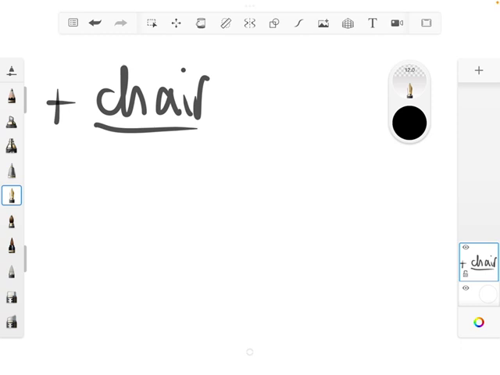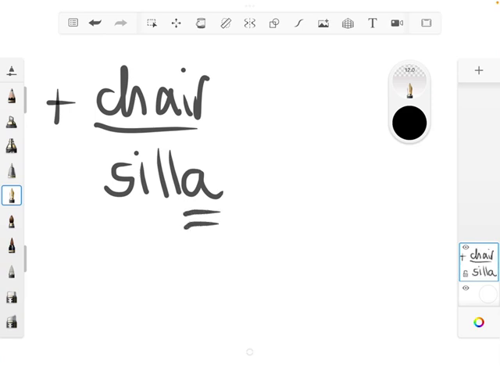So in Spanish, every noun is going to have gender. So it'll either have natural gender or grammatical gender. So the word silla, for example, which is the Spanish word for chair, has grammatical gender that is feminine.